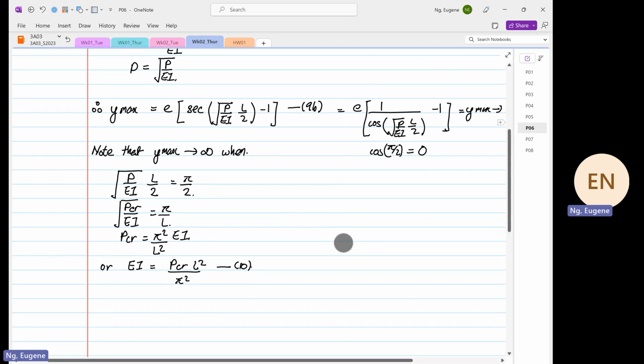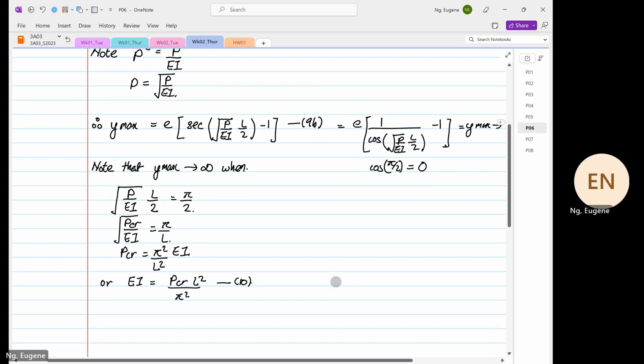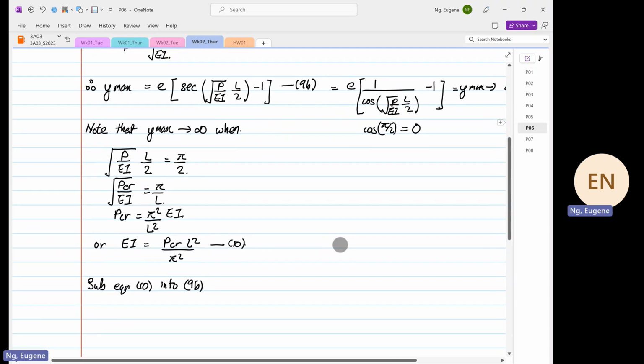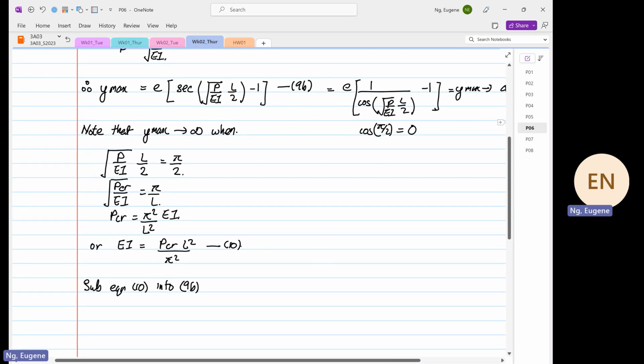So we are going to substitute equation number 10 into 9b. We substitute EI equal to P critical L squared over pi squared. So this is how it looks.